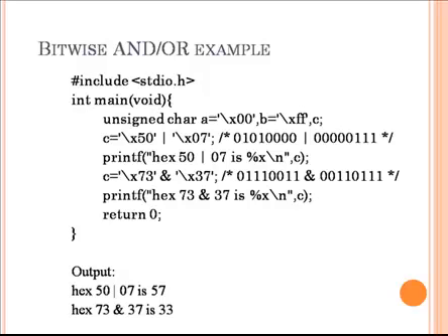It simply performs logical OR at each bit position, that is 0 logical OR 0 is 0, 1 logical OR 0 is 1. Likewise, we will get 5 and 7. The answer will become 5 and 7.